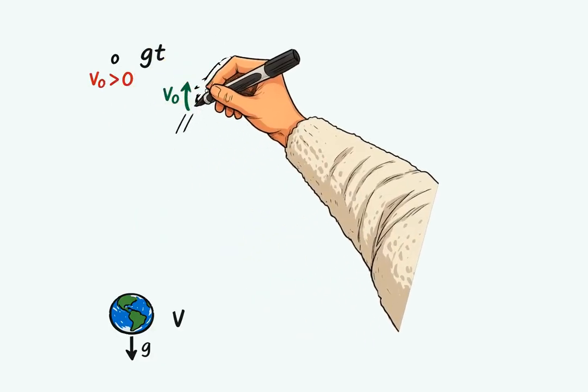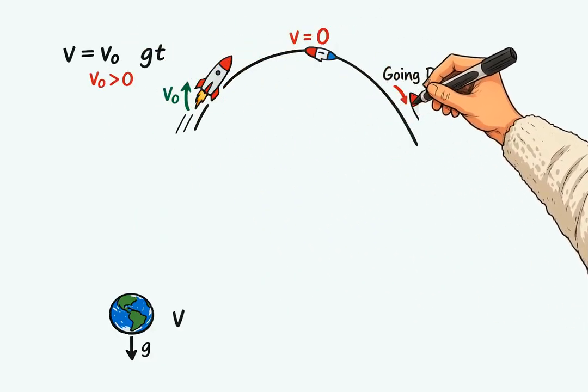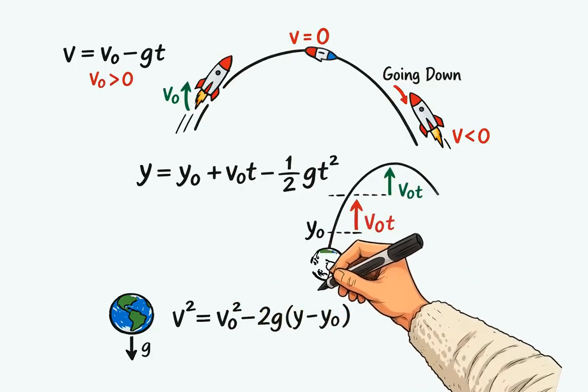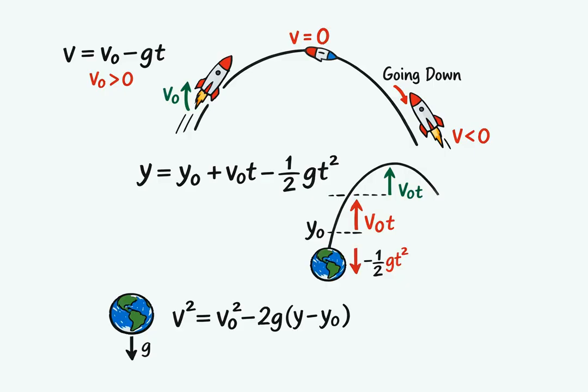Once that convention is set, the constant acceleration equations apply directly with x replaced by y and a replaced by negative g. The velocity equation becomes v equals v naught minus gt, which tells you that an initial upward velocity v naught greater than 0 is steadily reduced by gt, eventually reaching 0 and then becoming negative, downward.